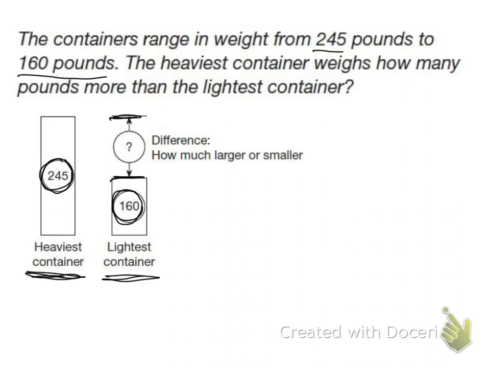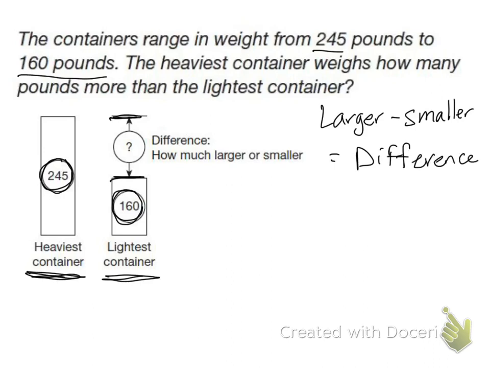We would think of this as a larger minus smaller equals our difference problem. So in this case, I'm going to do 245 minus 160. So 5 minus 0 is 5.